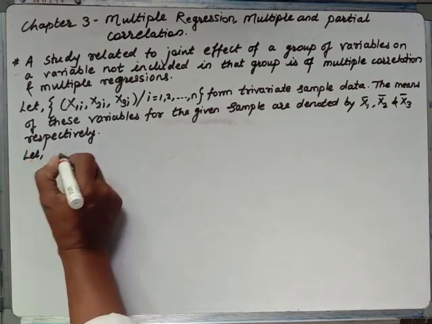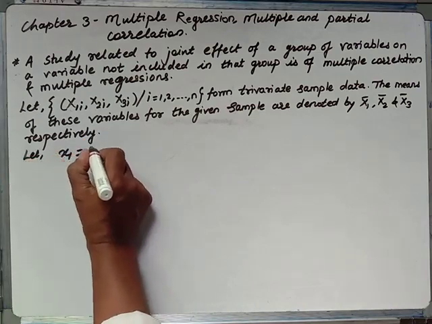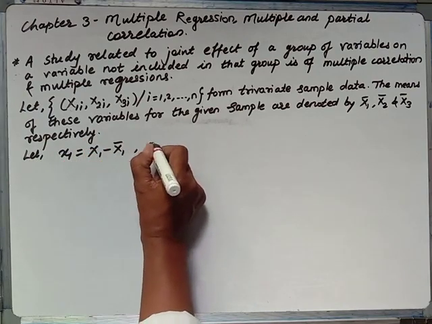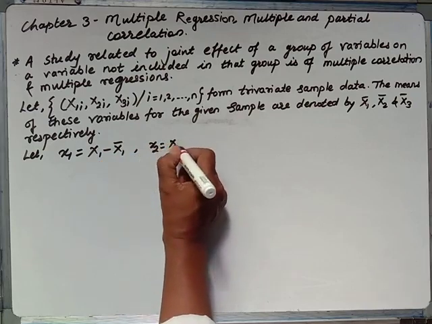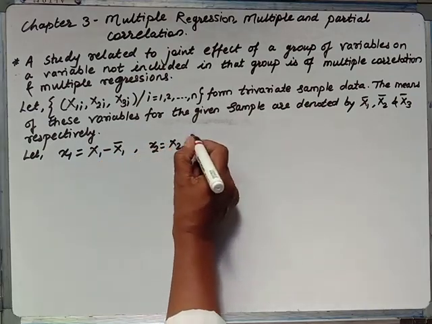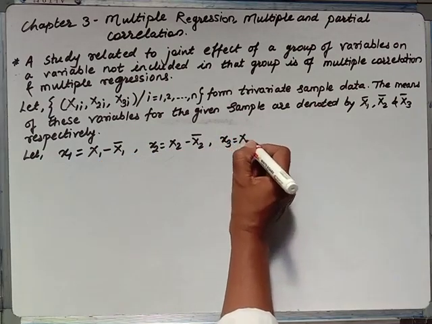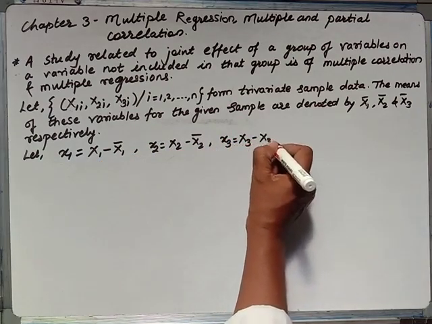Again, let small x1 be capital X1 minus x1 bar, small x2 be capital X2 minus x2 bar, and small x3 be capital X3 minus x3 bar.